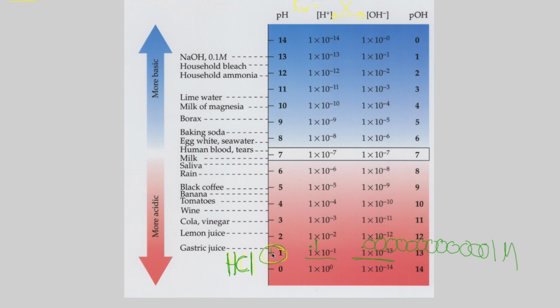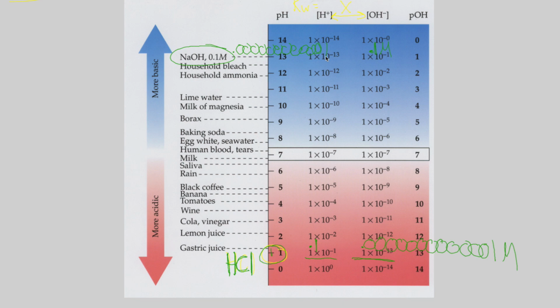Now, guys, go all the way to the other end of this. Let's just say we've got sodium hydroxide, which is 0.1 molar. We've used that in lab. Now the concentration of hydroxide ion is 0.1 molar, and the concentration of hydrogen ion is 0.1 with 12 zeros, then 1. So guys, what you should be able to see is that they trend opposite.